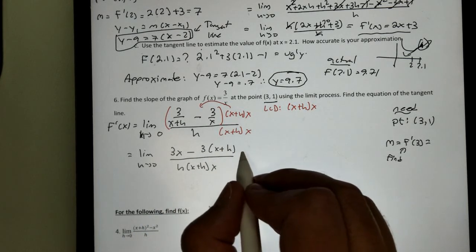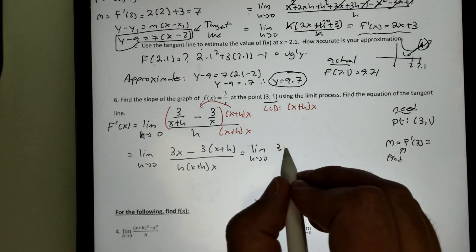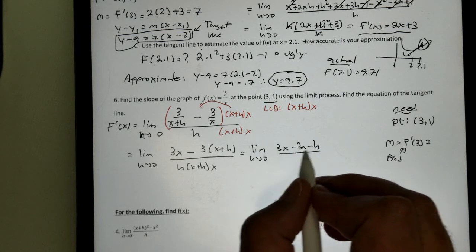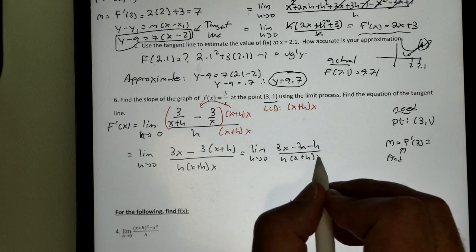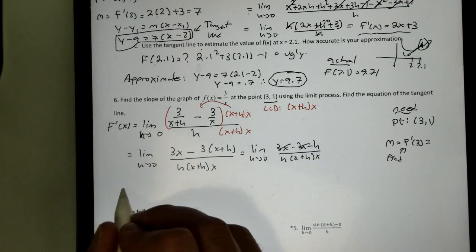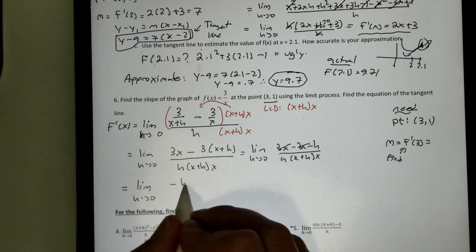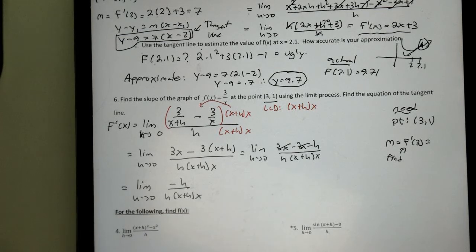When we clean this up, we get the limit as h goes to 0 of 3x minus 3x minus 3h over h times x plus h times x. These cancel, and we get the limit as h goes to 0 of negative 3h over h times x plus h times x.